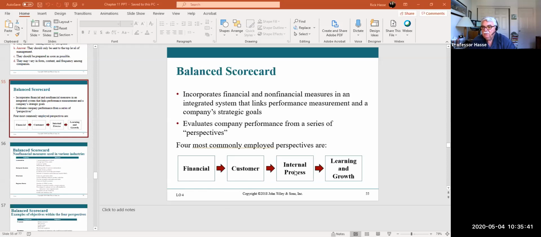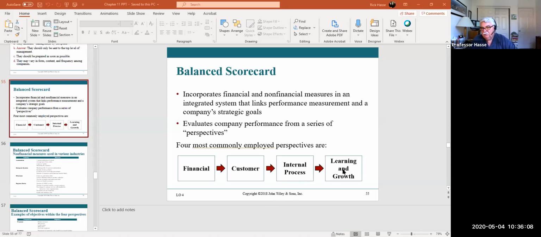Was the internal process correct? Did that provide the inefficiencies in the financial variances? A lot of you, if you go on to study this, will hear it called Six Sigma. If you've never heard of it, don't worry about it. How are our internal processes giving us the proper financial and performance data?